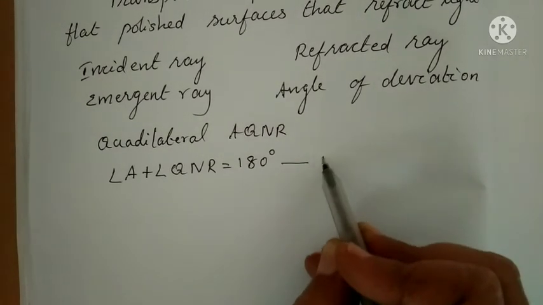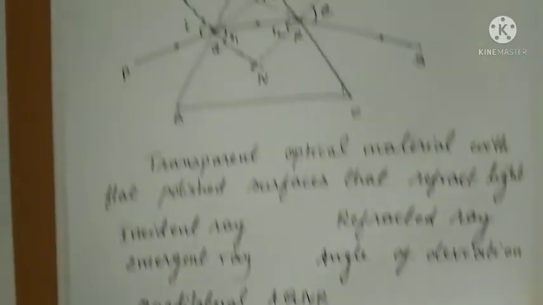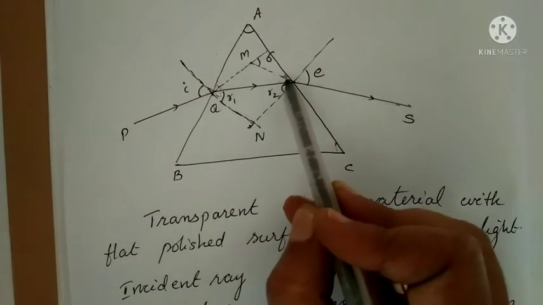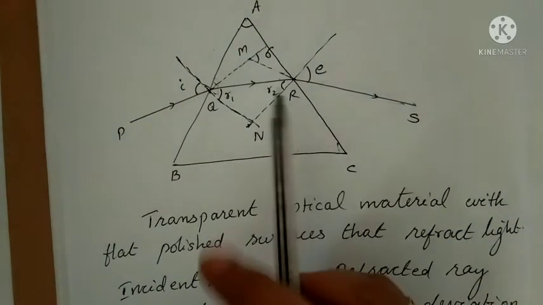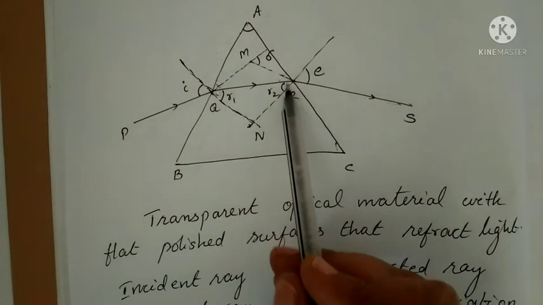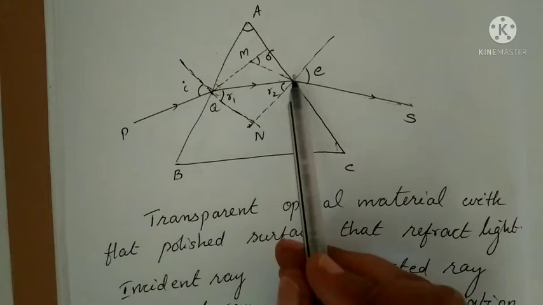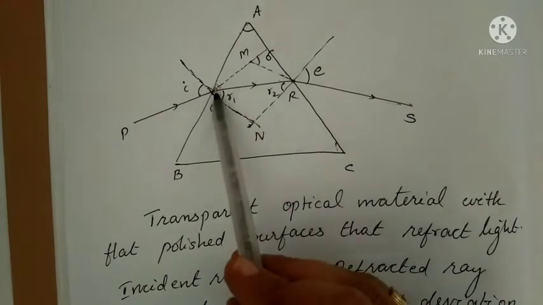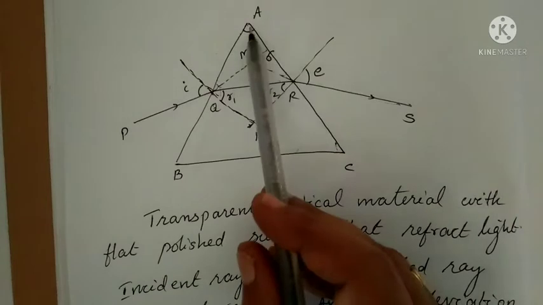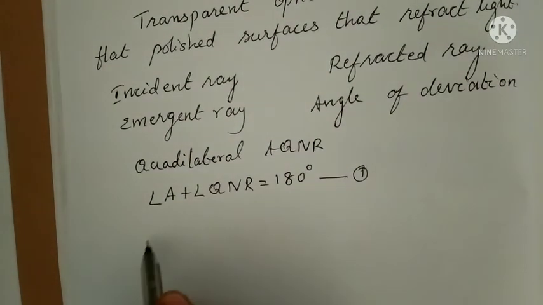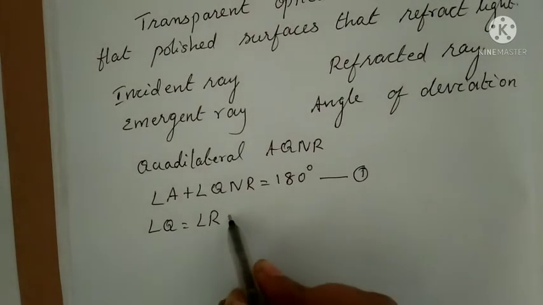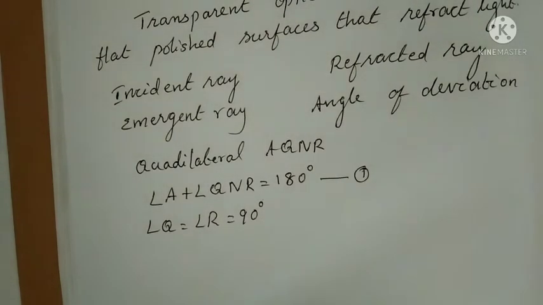Equation number 1. Then the next opposite angles, that is angle Q and angle R. These two angles are 90 degrees. Angle Q equals 90 degrees and angle R equals 90 degrees, and the sum of all the angles of a quadrilateral is equal to 360 degrees. So angle Q equals angle R equals 90 degrees.